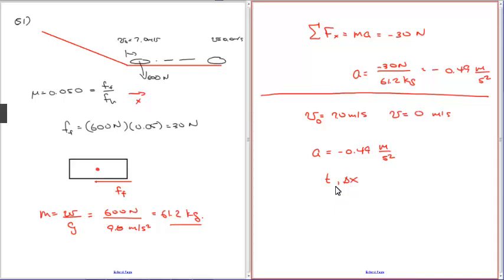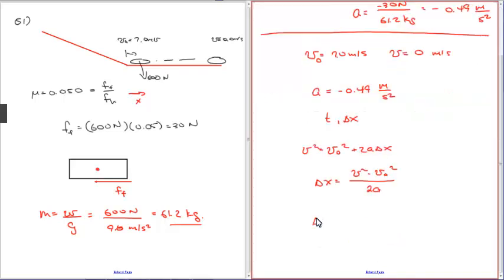Which one of the equations do we have that involves v0, v, and delta x? Well, it's this one. V squared is equal to v0 squared plus 2a delta x. So if we solve for delta x, we'd have v squared minus v0 squared divided by 2a.